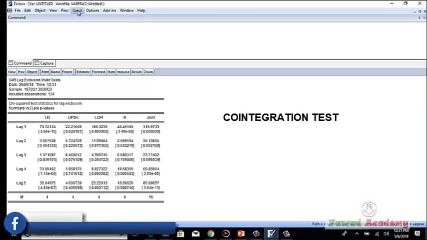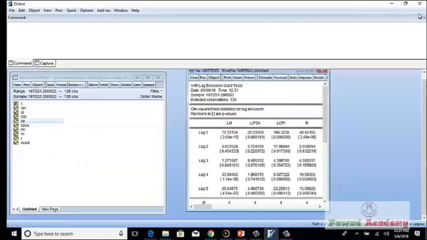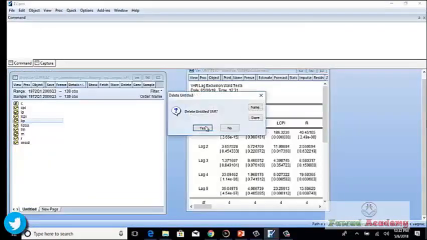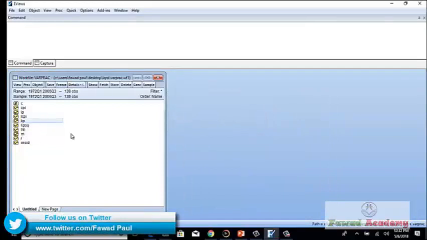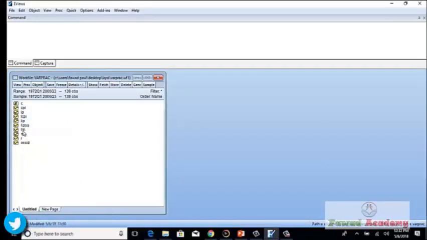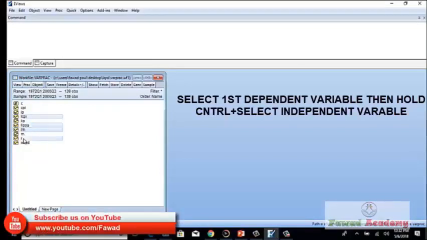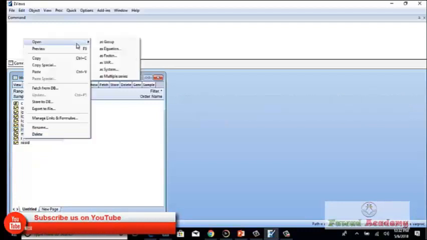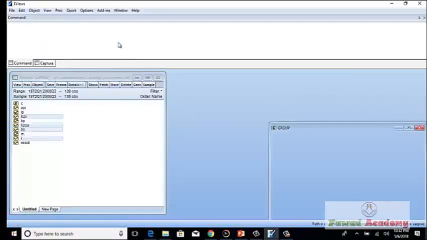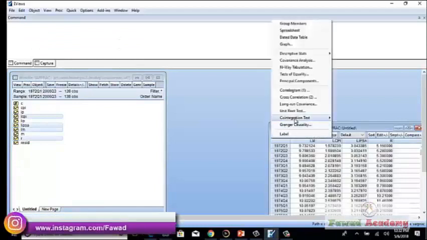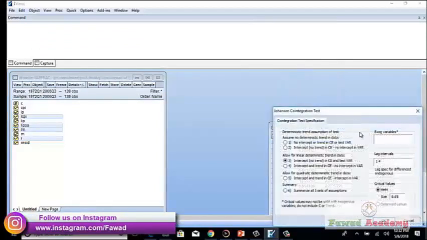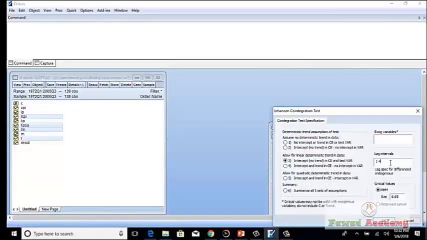Now check the cointegration after finding the lags. Open as a group, go to View, Cointegration Test, Johansen System Test, and mention the lags as we have decided: 1, 2, 4, 5.